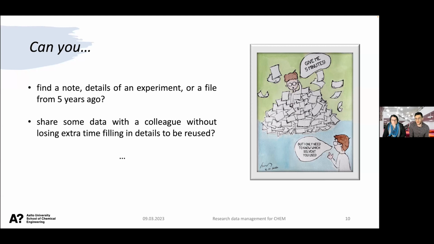So these are very relevant questions when you need to conserve data, or when you need access to data specifically in time. You don't want to lose too much time looking for it. And also, if you need to share some of the data, you cannot simply make an appointment just to explain what you did before, because that's a waste of time.